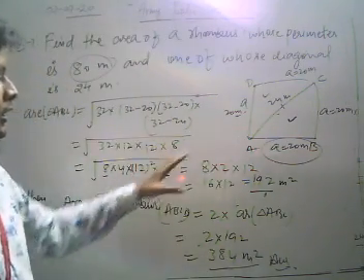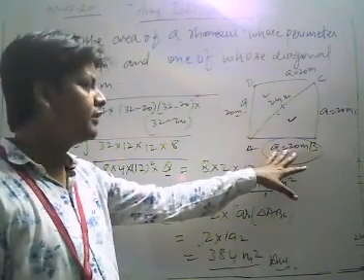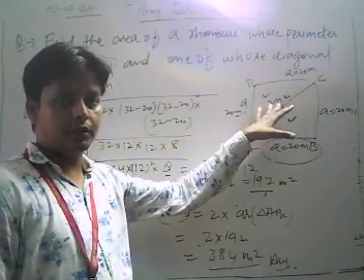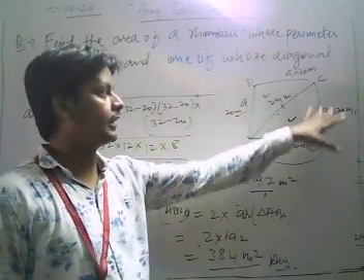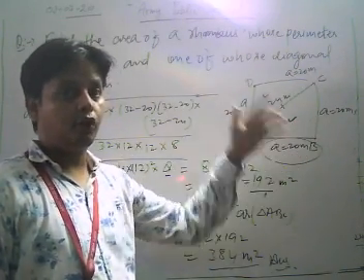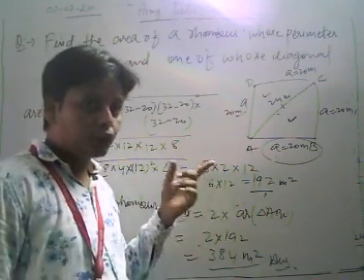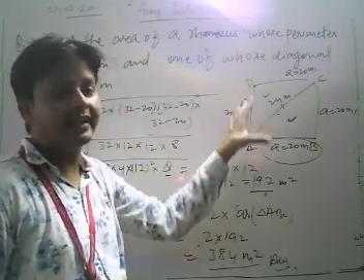Okay, this is a very important question. First we find each side of the rhombus, and one diagonal is given. Then we find the area of triangle ABC. Then for finding the area of the rhombus ABCD, we just multiply by 2 the area of triangle ABC. In this way we get the area of the rhombus ABCD.